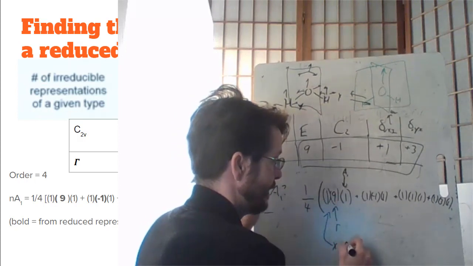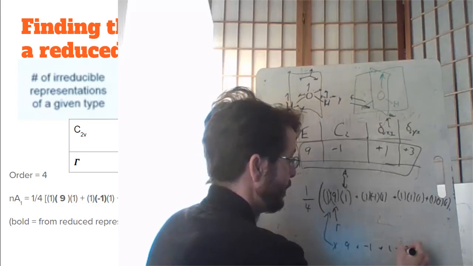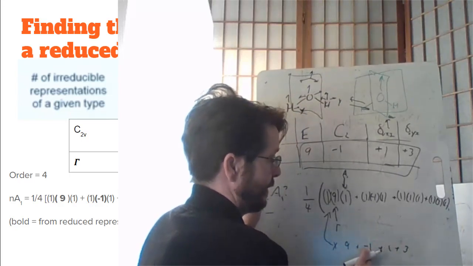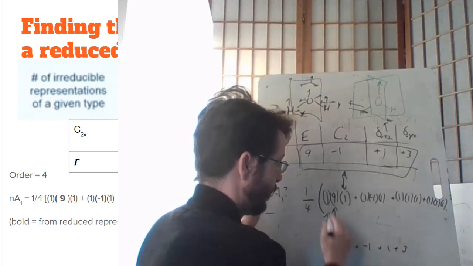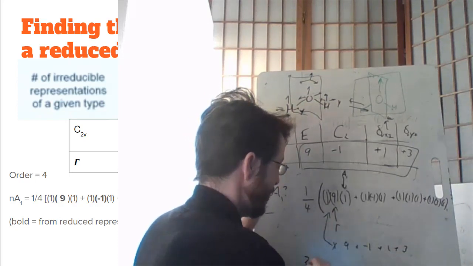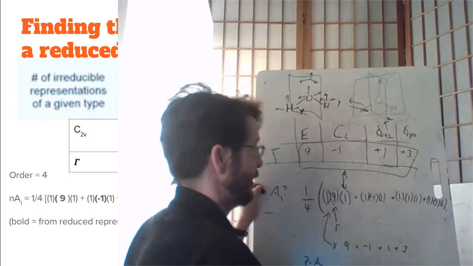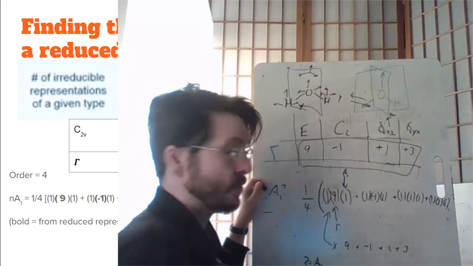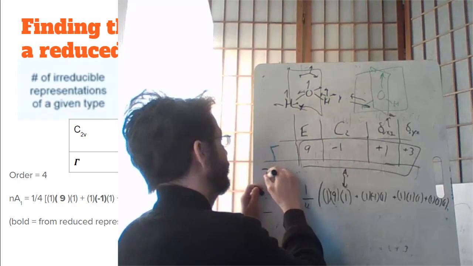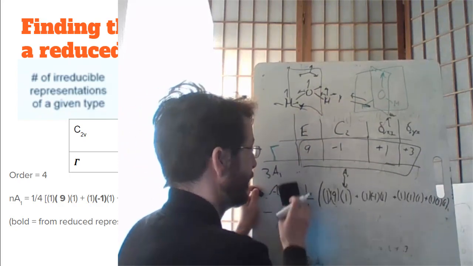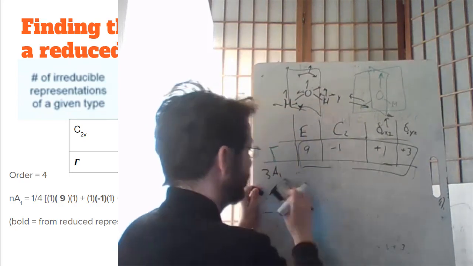We can see that this is 9 plus negative 1 plus 1 plus 3. 9, negative 1, 9, 12. 12 divided by 4. So there are 3 A1s within this representation. And then we can do it for all the other ones too. Okay, so we have 3 A1s. And so let's try it for the A2.